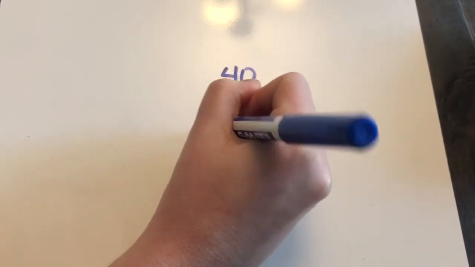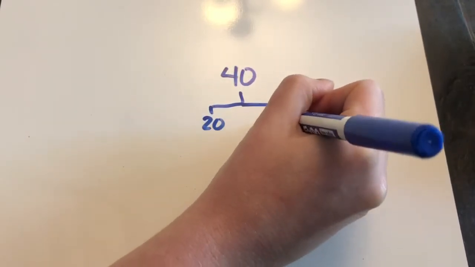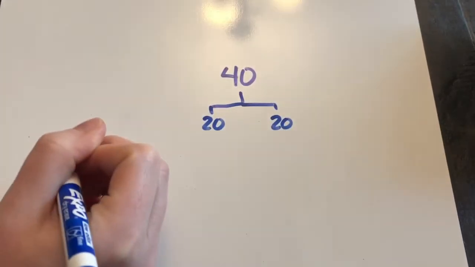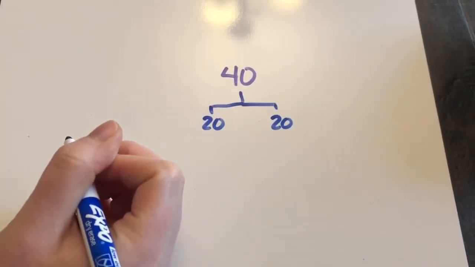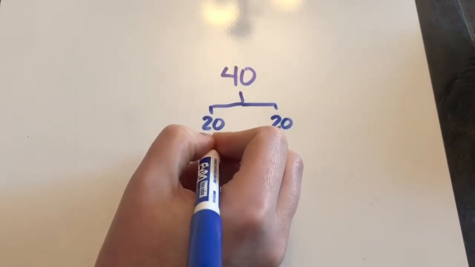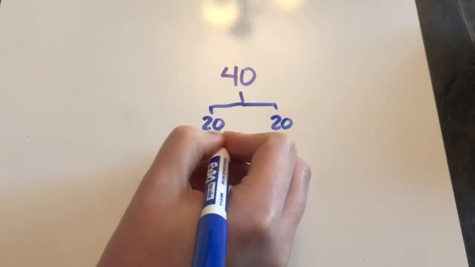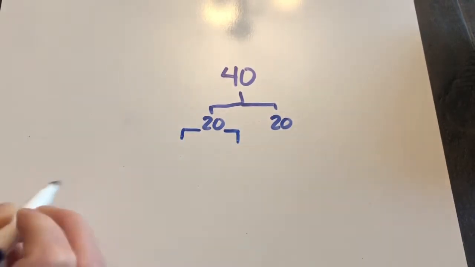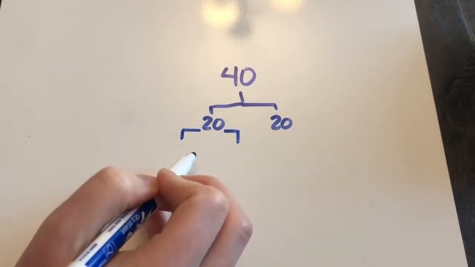So I need to put 20 on this side, and I would need to put 20 on this side in order for it to balance. I could leave this side as 20. If I want to make any more branches, they would need to balance. So this side needs to be 10, this side needs to be 10.